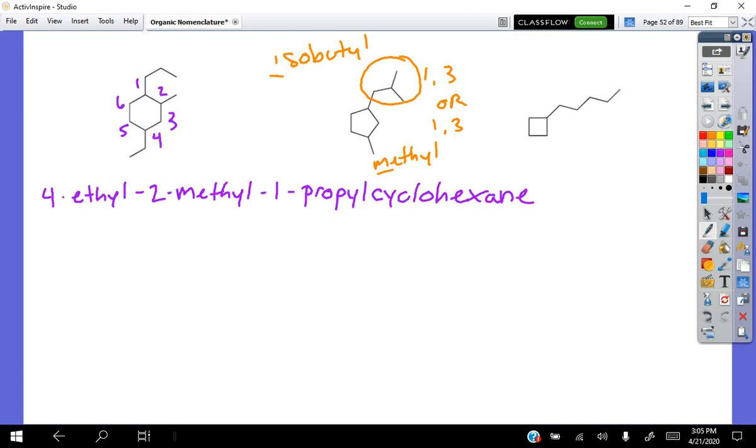So we have an I. I comes before M. I should number with a 1 for my isobutyl and a 3 for my methyl group. So this is 1 isobutyl, 3 methyl, cyclopentane.